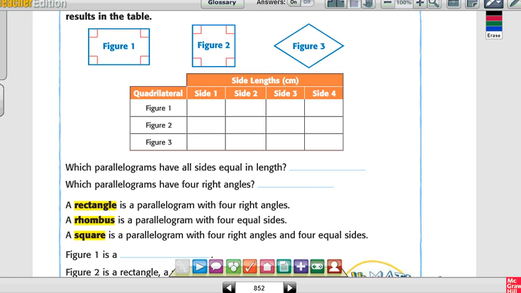Okay, so which parallelograms have all the sides equal? Yeah, figure 2. Okay, which parallelograms have 4 right angles? Figure 1. Just that one?